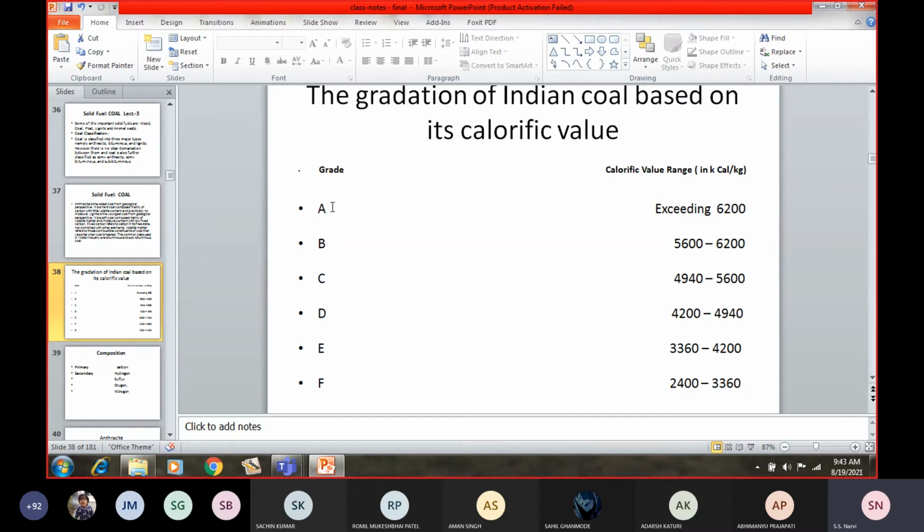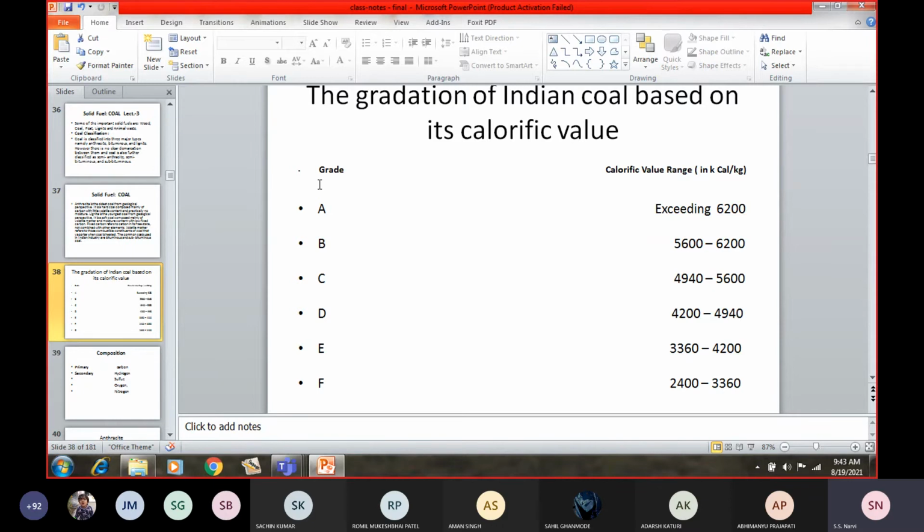If more ash content is there, that is non-combustible matter. That coal is also a poor coal, and it is graded in E grade or F grade. So therefore, certain parameters are determined, and on the basis of those parameters, grading is done.